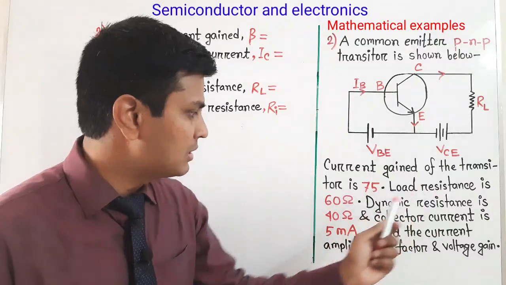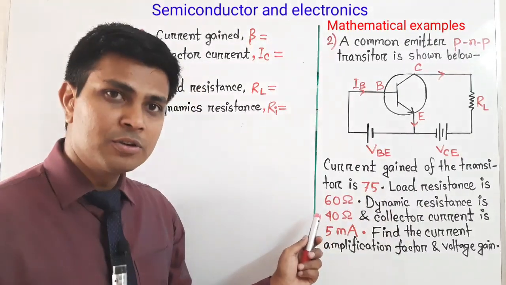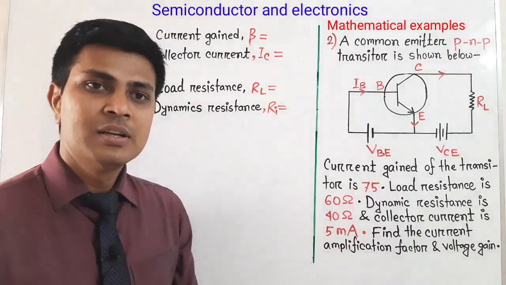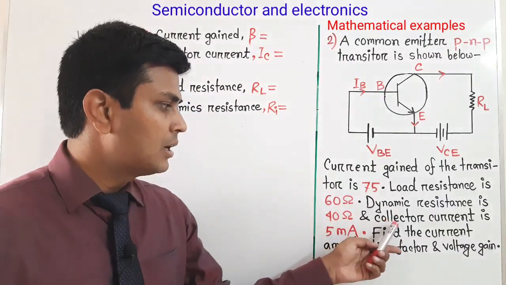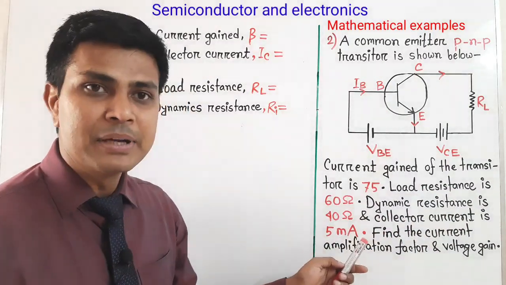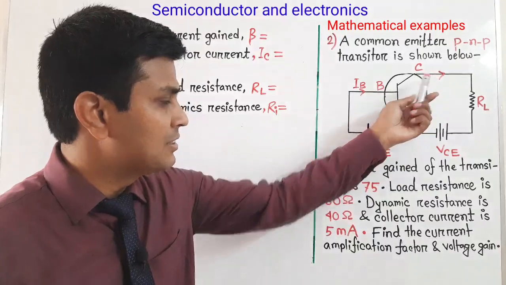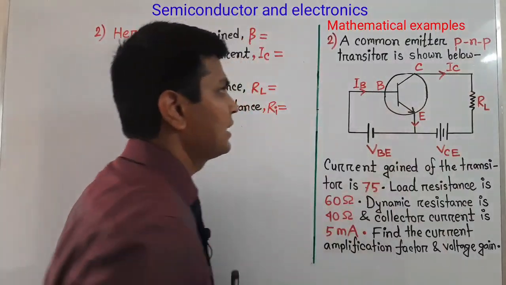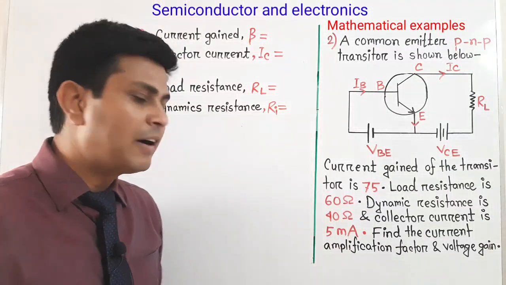The dynamic resistance, meaning the input resistance, is given here as 40 ohm, and the collector current is given here as 5 milliampere. This is the collector current, whose value is given here as 5 milliampere.